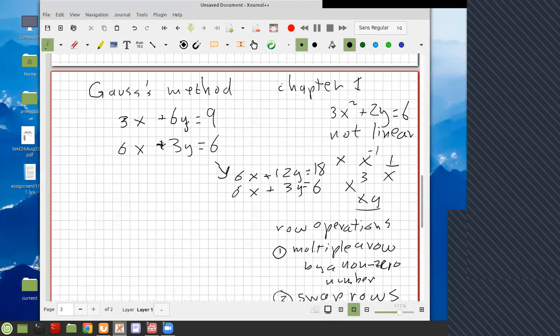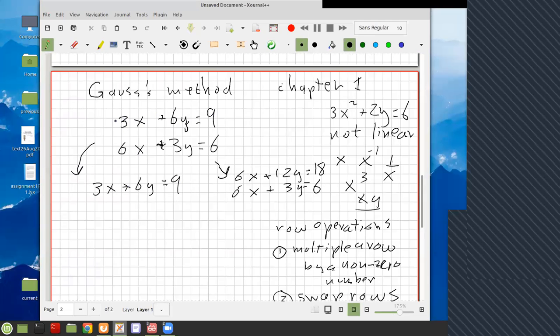So I could multiply the first row by, say, -2 and add it to the second row, and let's do that here. You don't change the first row, because even though I'm going to add -2 times the first row, I don't change the first row. So I just repeat it, and I'm going to add -2 times this to the second row.